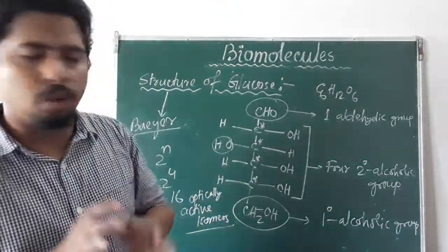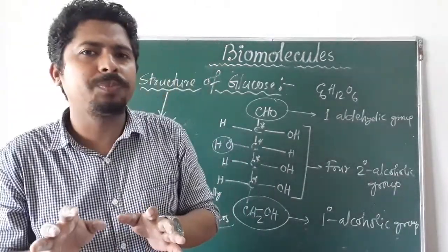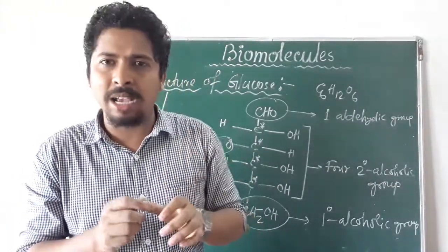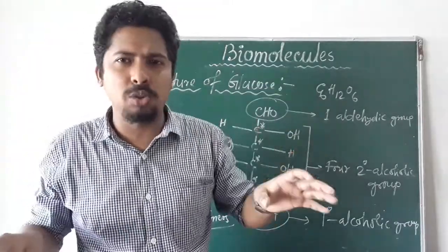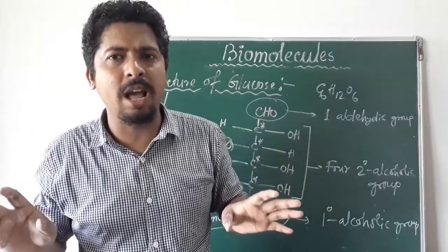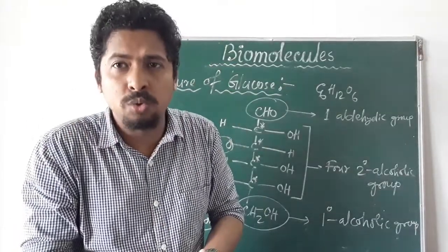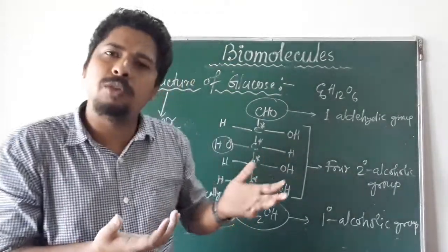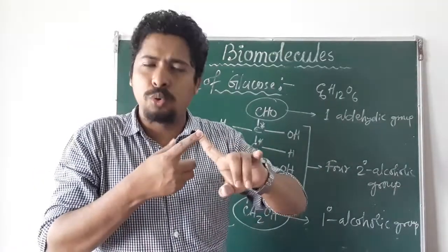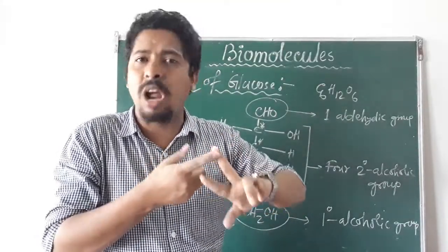So far in today's class, we have discussed monosaccharides, with various examples of aldoses and ketoses. After that, we discussed glucose and the importance of glucose. And after that, we discussed the preparation of glucose: from sucrose we can prepare glucose, and from starch we can prepare glucose.